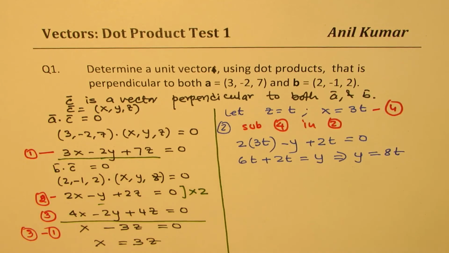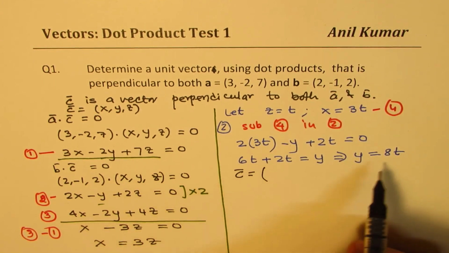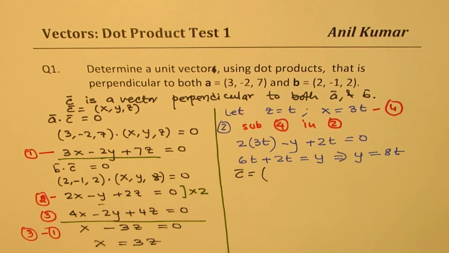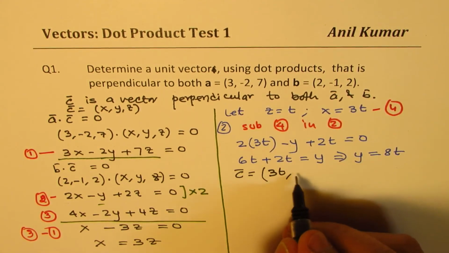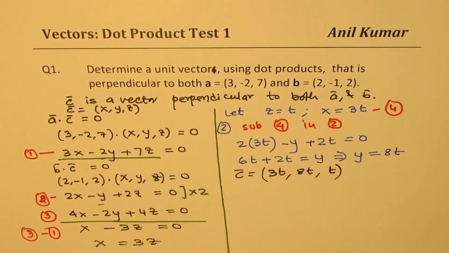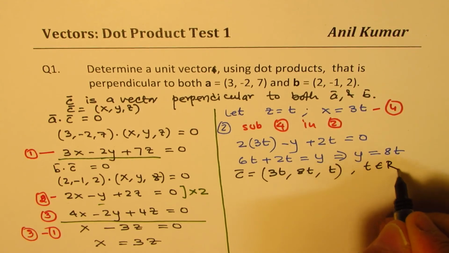So that means the vector c for us, in terms of our parameter t, could be written as x is 3t, y is 8t, and z is t. So that becomes our vector which is perpendicular to both, right? t could be any real number, where t belongs to the real numbers.